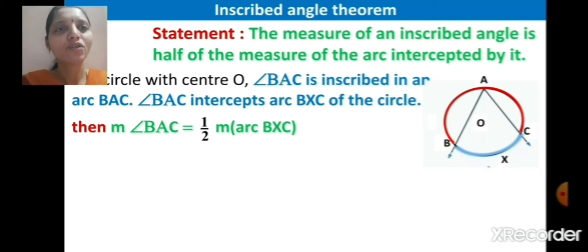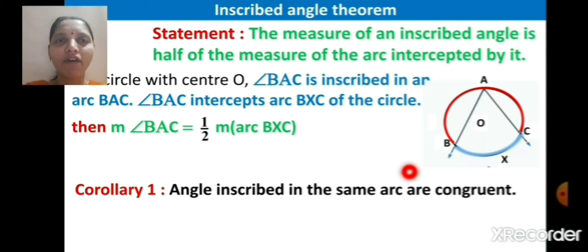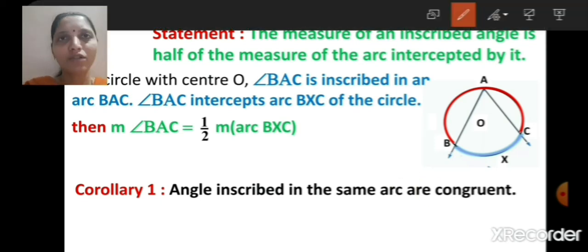Let's see corollary 1: angles inscribed in the same arc are congruent. Here in this figure, angle BAC is an inscribed angle in the arc BAC. In this arc, if I draw one more angle, then this angle will also be congruent to angle BAC.